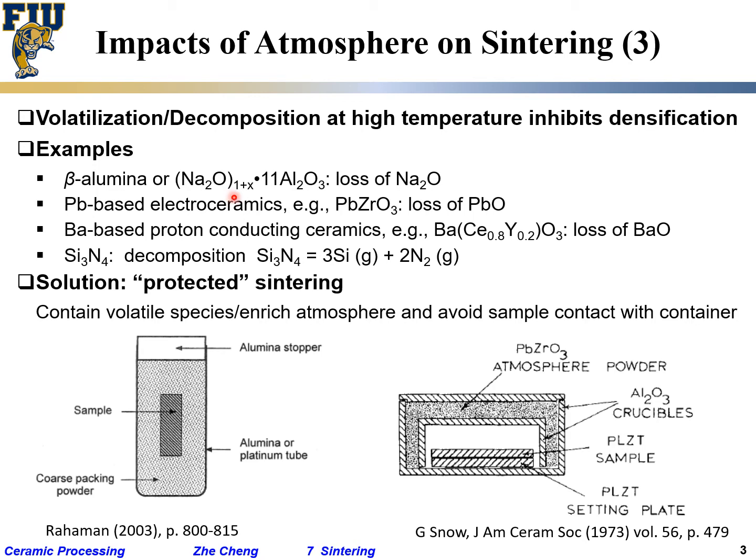And you can imagine sodium oxide is a volatile species. So if I heat this whole thing up to too high a temperature, what is going to happen? The sodium oxide would gradually evaporate. And if it evaporates, you don't have a high enough density.